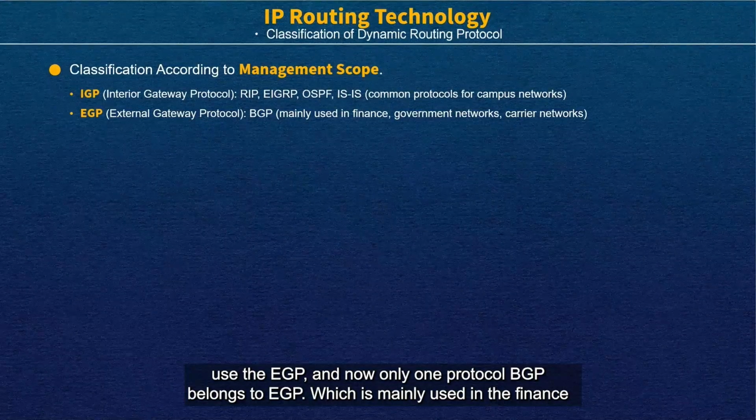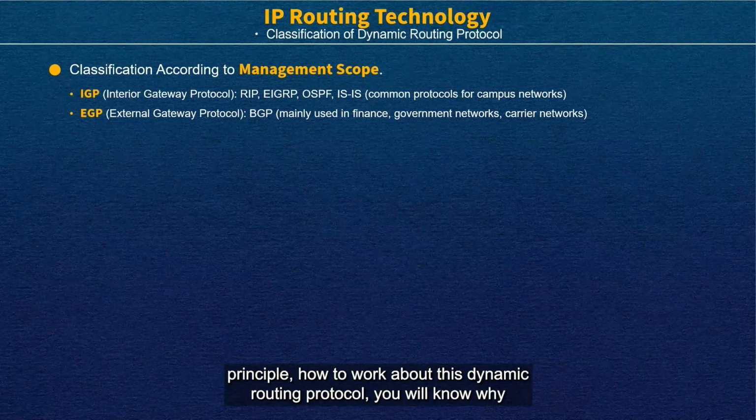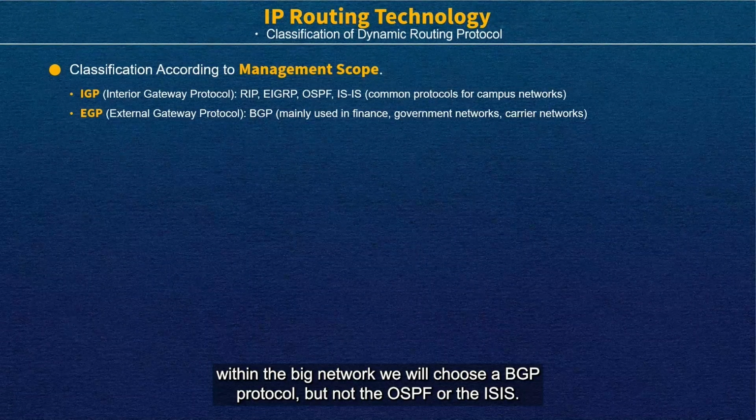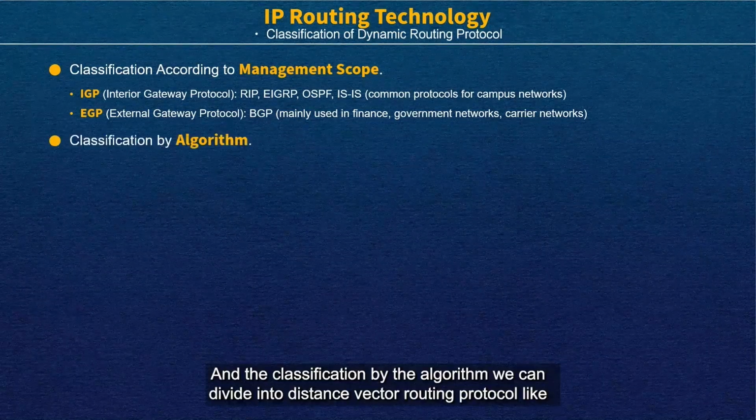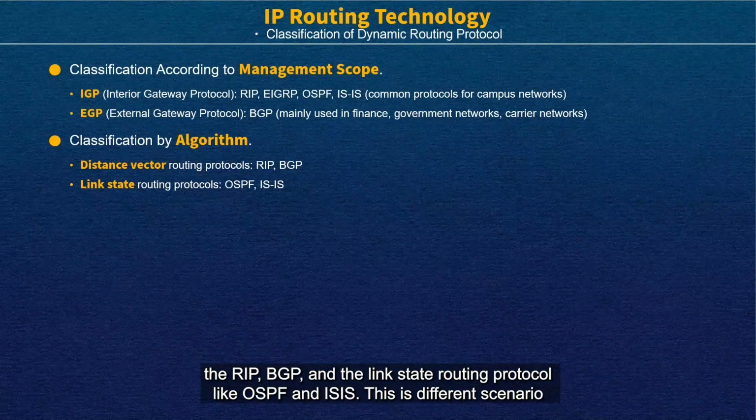It is mainly used in finance, government networks, and also some carrier networks. Because about EGP, later when you know the main principles of how this dynamic routing protocol works, you will know why between these bigger networks we choose the BGP protocol, not OSPF or IS-IS. And the classification by algorithm, we can divide into distance vector routing protocols like RIP and BGP, and link state routing protocols like OSPF and IS-IS.